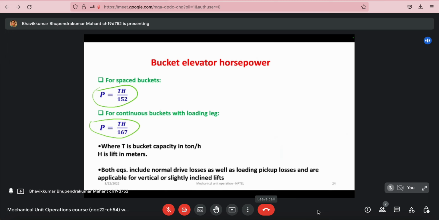These are empirical equations, so if you want to learn more about them, you can go to the reference books. Both equations include normal drive losses as well as loading pickup losses, and are applicable for vertical or slightly inclined lifts. These two small, easy equations include all the pickup losses, drive losses and any applicable losses for vertical and inclined lifts.